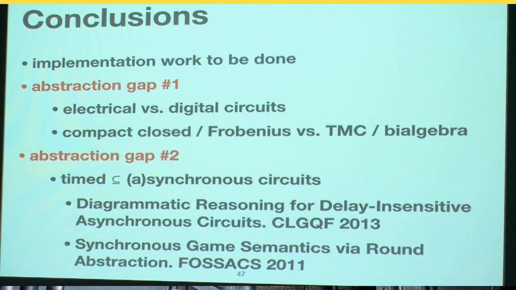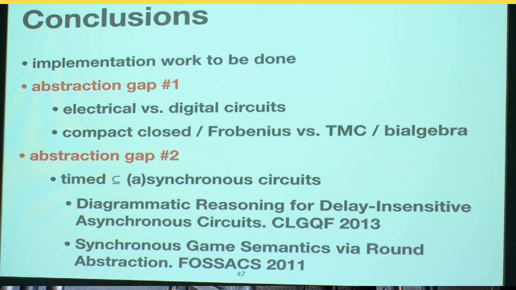But there are two abstraction gaps that this work exposes and bridges to some extent. The first one is the distinction between electrical and digital circuits. A digital circuit is obviously a kind of electrical circuit, but it's an electrical circuit seen at a certain level of abstraction, and by raising the level of abstraction, we get more axioms and more reasoning principles.